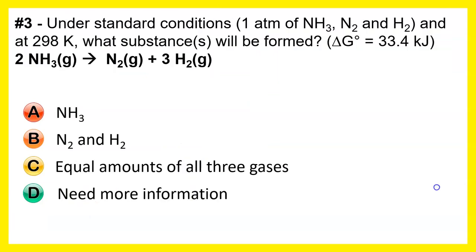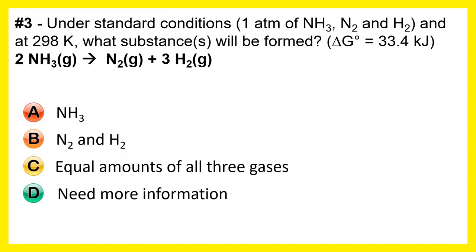All right, number 3. Under standard conditions at 298, what substances will be formed if delta G is 33.4? I'll give you a hint. You don't have to do a calculation.